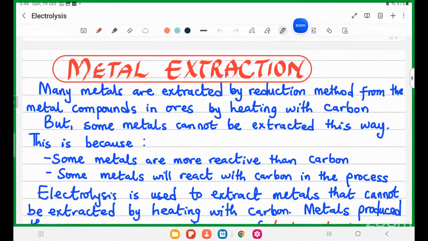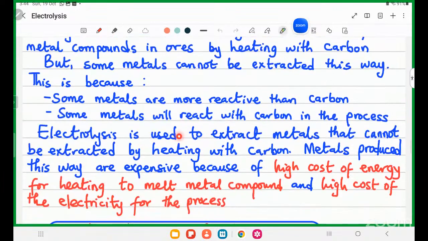The process you can use to extract those is electrolysis. Electrolysis is used to extract metals that cannot be extracted by heating with carbon.